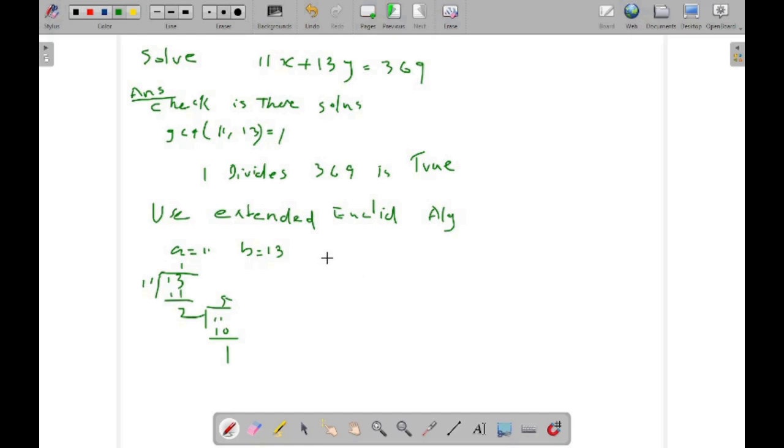So we have 13 equal to 11 into 1 plus 2, and 11 equal to 2 into 5 plus 1.